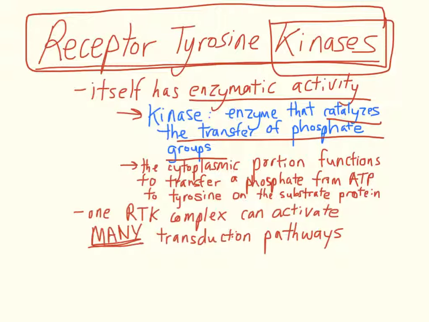For RTKs, receptor tyrosine kinases, it's the cytoplasmic portion that actually functions to transfer the phosphate from ATP to tyrosine on the substrate protein. Another major difference is that one receptor tyrosine kinase complex can activate many transduction pathways, unlike G protein-coupled receptors, where only one transduction pathway is activated.